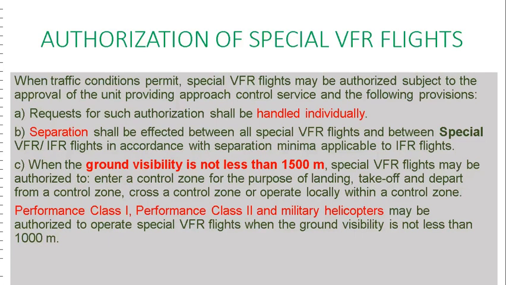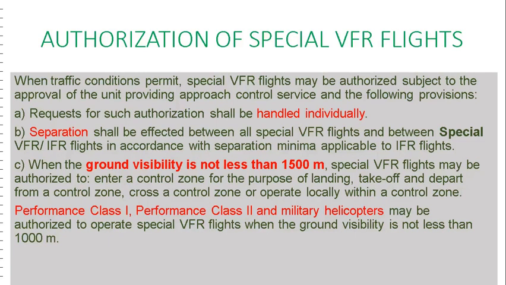So in certain cases when he can approve special VFR, the minimum we discussed for VFR flights is 5 kilometers if below 10,000 feet, and 1,500 meters horizontally, and for class F and G it should be clear of cloud and he should remain with visual contact with the terrain.